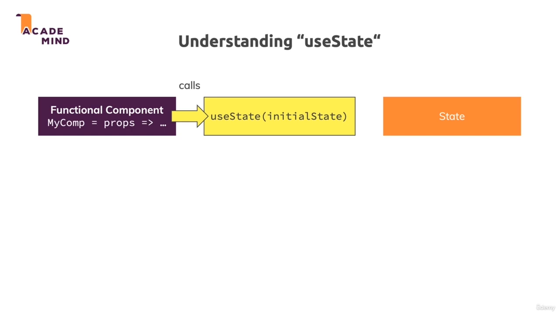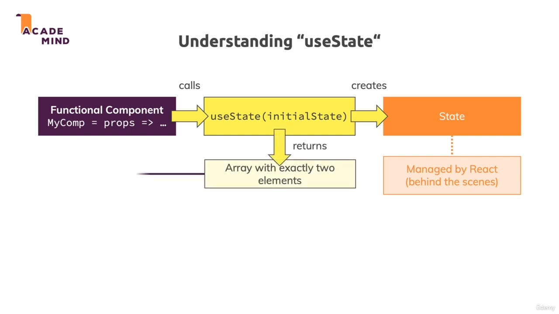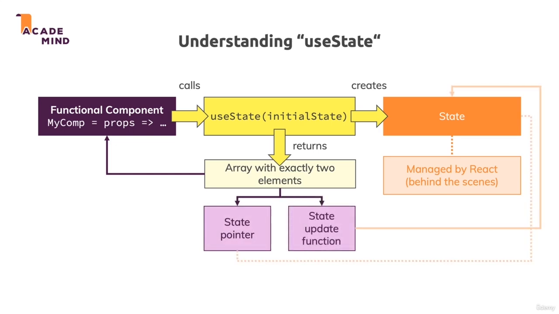You don't have to pass an initial state, by the way. If you want to have null or undefined as initial state, you simply pass no argument at all to useState. And this creates a state which is managed by React behind the scenes and which survives re-render cycles. And what you get back by useState is an array with exactly two elements. A pointer at your state, that's the first element, and a state update function, that's the second element. This is how useState works.